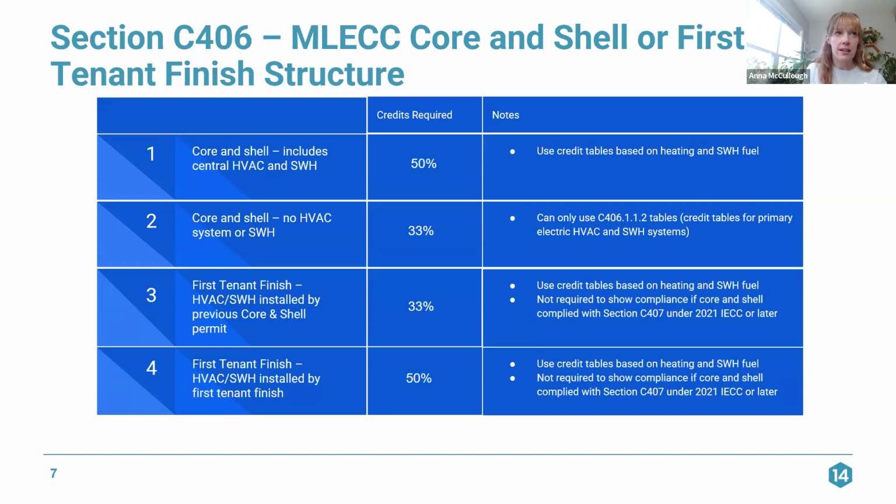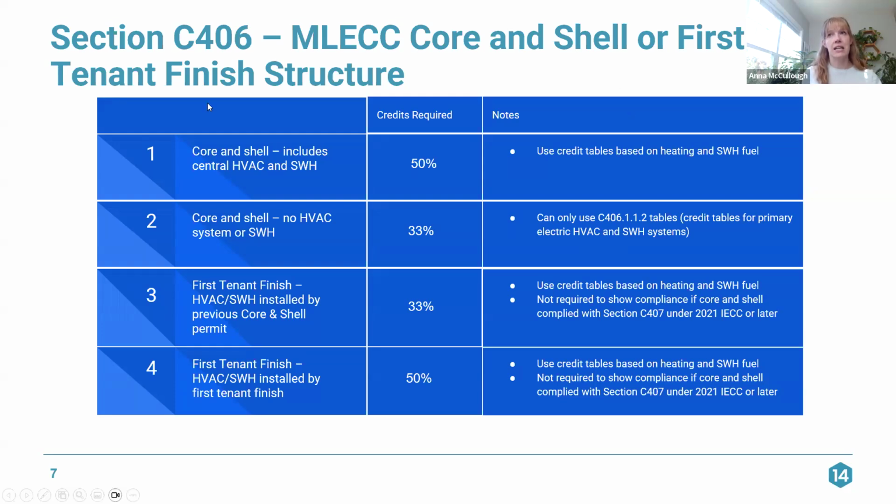If you are a first tenant finish, this is a term that the code board added to the energy code, the low energy and carbon code. What this means is you are the first tenant in a core and shell building, and the HVAC and service water heating was installed under a previous core and shell permit.